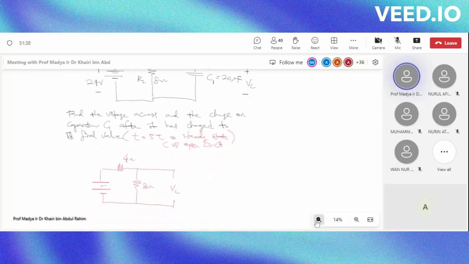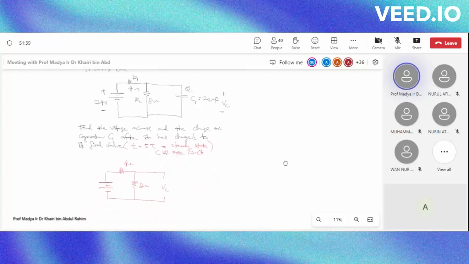The question asks what is VC? This is 24 volt. Anyone, what is VC? So VC is actually voltage across what?